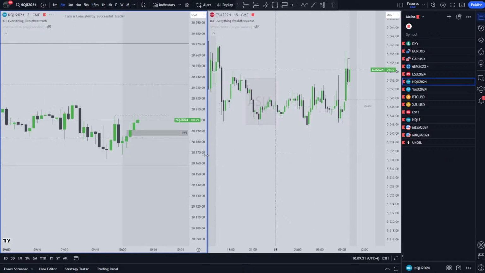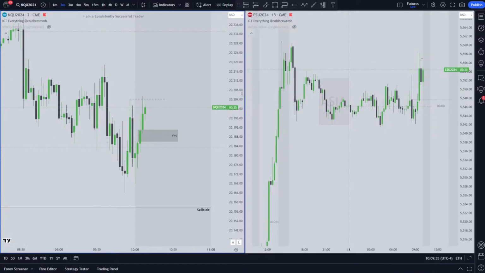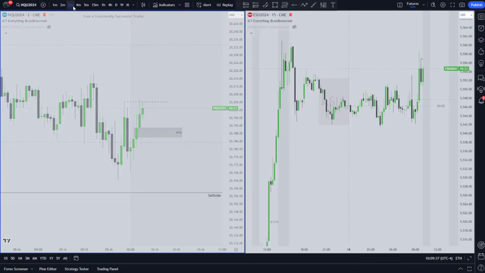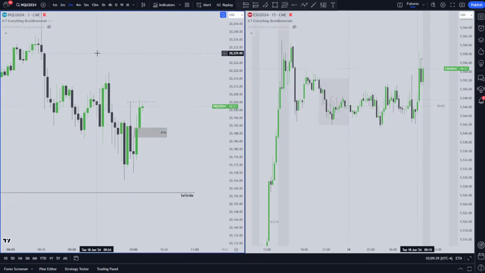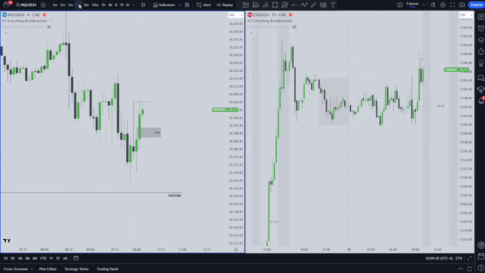I'm gonna stay on that 2-minute though, in case it gets inverse. Let me check the 3-minute. Okay, I actually prefer the 3-minute in this scenario. There's a potential 4-minute that might be forming that would look a bit more clean.